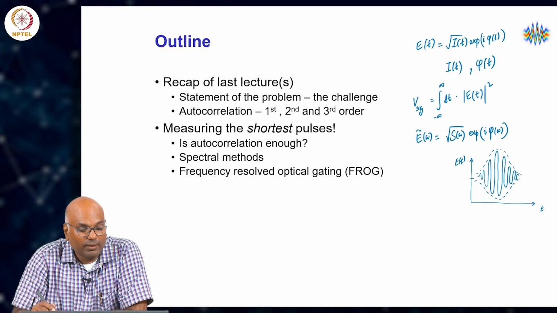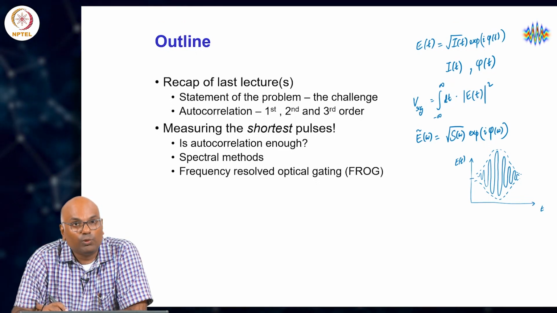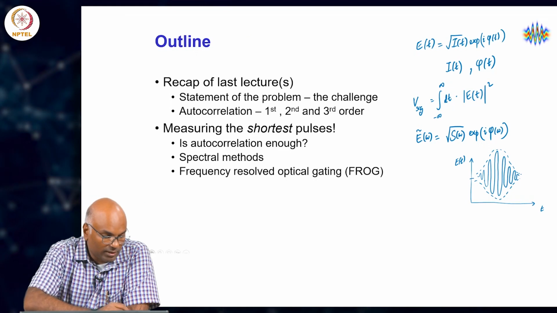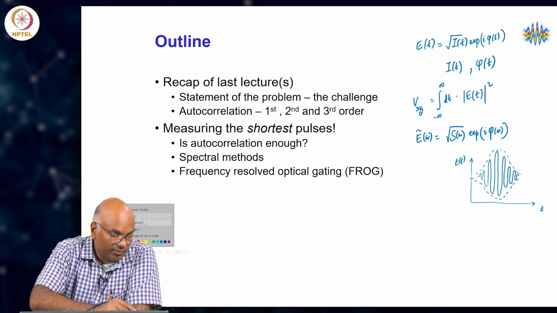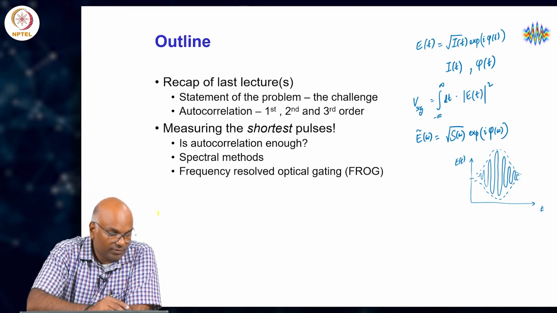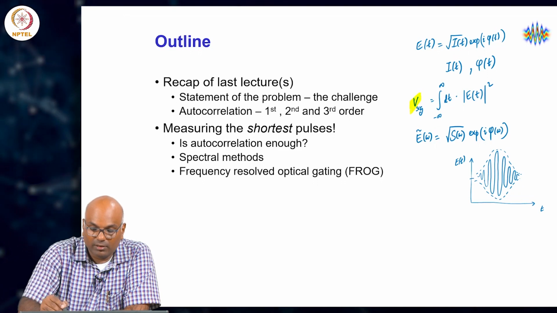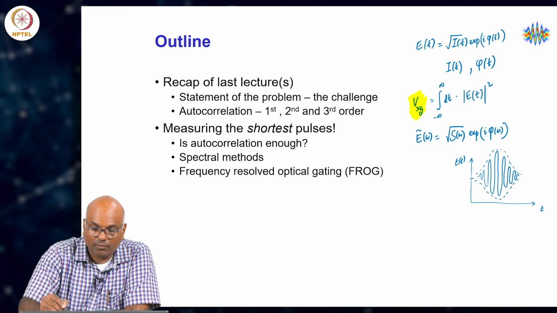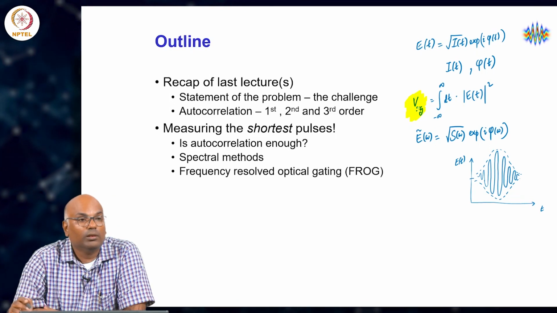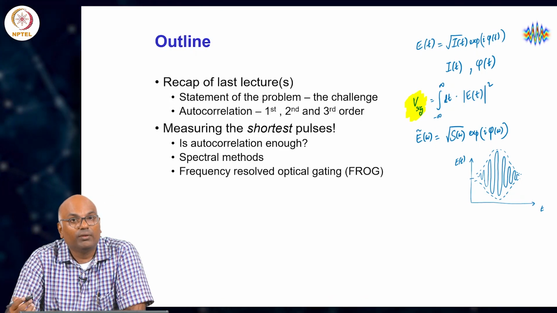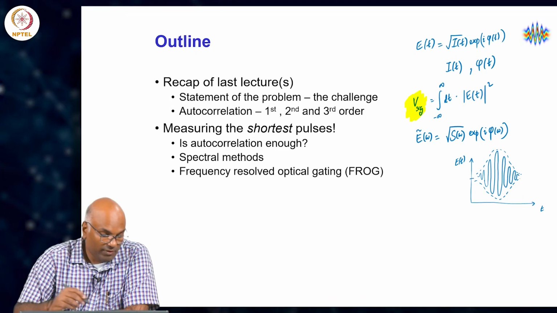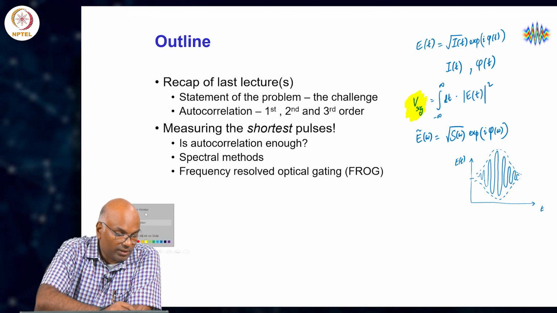So, the challenge itself is posed owing to the fact that we do not have fast enough detectors, and the fact that we do not have even shorter events than what we are trying to measure themselves.